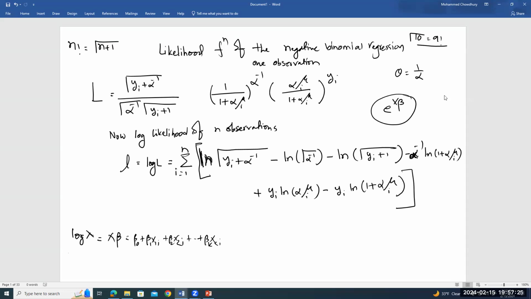So this is the way log of lambda was replaced by x beta. Now I want to replace x beta in which part in here?